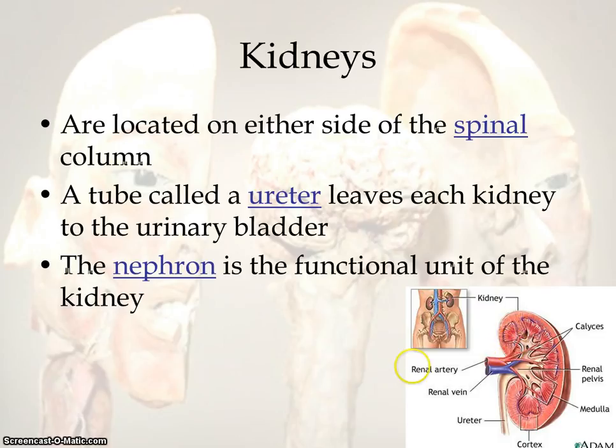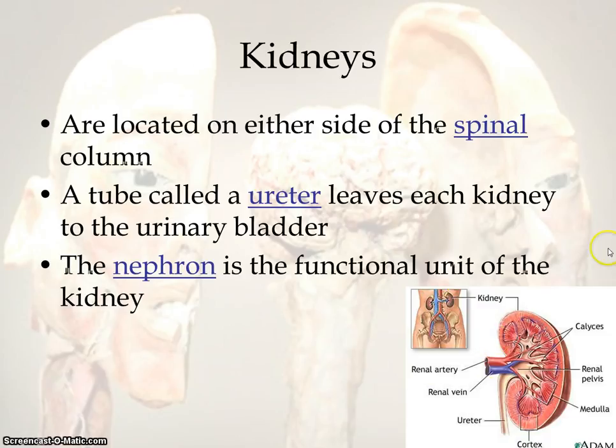So what's going to happen is that your blood, remember your blood is what's going to carry all waste from all cells. Okay, and how does it get rid of that waste? Well, one way is that it can be filtered through the water that's carried by the blood, through the kidney.